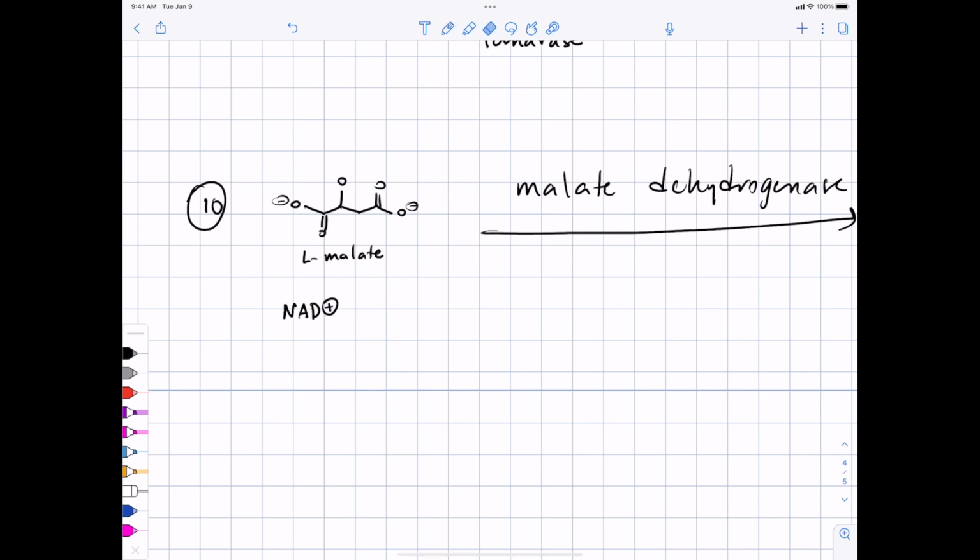and the mechanism here you've already seen in a previous step, right? It's going to be one of these classic deliver the hydride to NAD+ sort of steps.